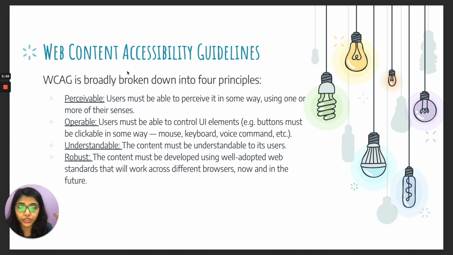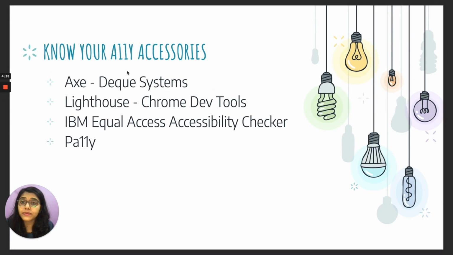From the keyboard, when you press tab, you can go to the next field, and when you press enter you can actually submit a form. These kinds of things should be operable depending on the use case. Then it should be understandable to the users. It should be robust, so that it works across different browsers, Firefox, Chrome, so that the content is well developed to make it usable across all the different browsers.